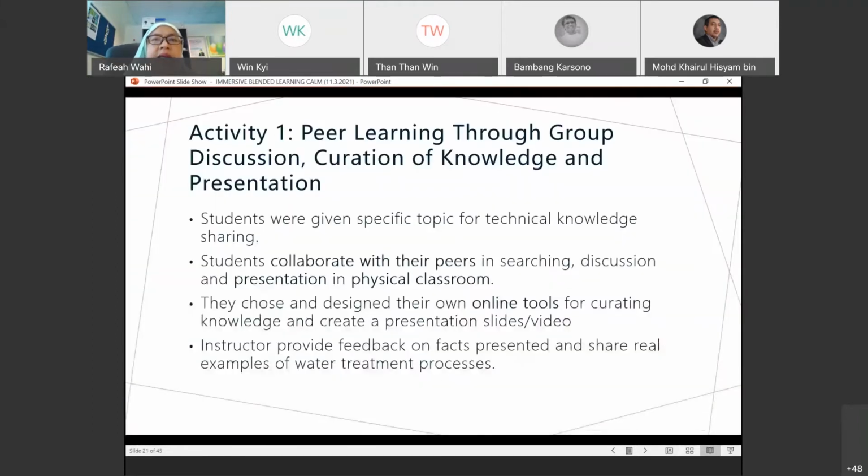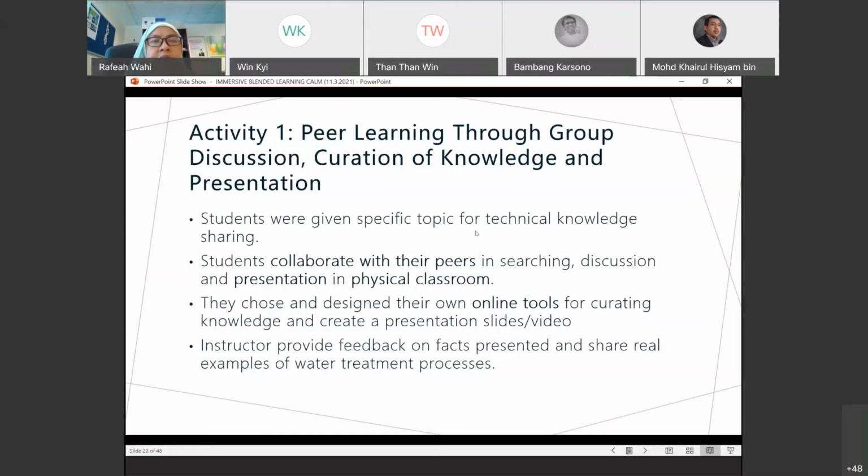So how do we get our students to be engaged in this learning process? So these are the activities that I mentioned just now. For activity 1, peer learning through group discussion, curation of knowledge and presentation. We gave the students a specific topic for technical knowledge sharing.